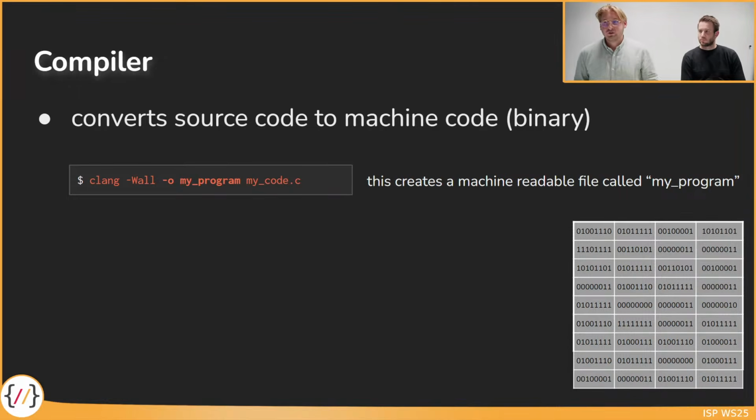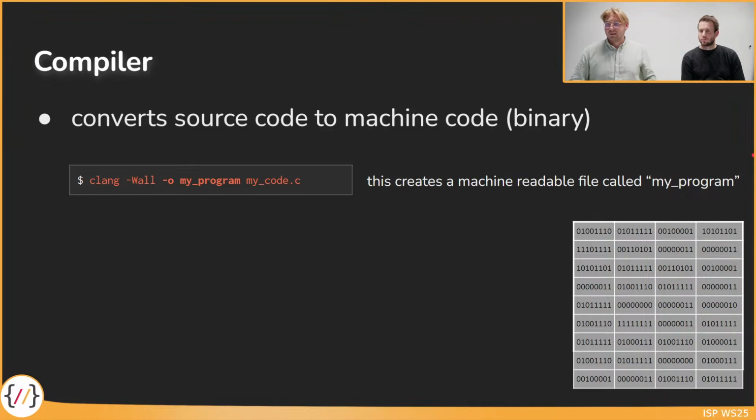Now, if we want to create a file that is readable by the computer, we should add the option -o, for output, and it makes sense to give the file a similar name as the C file.